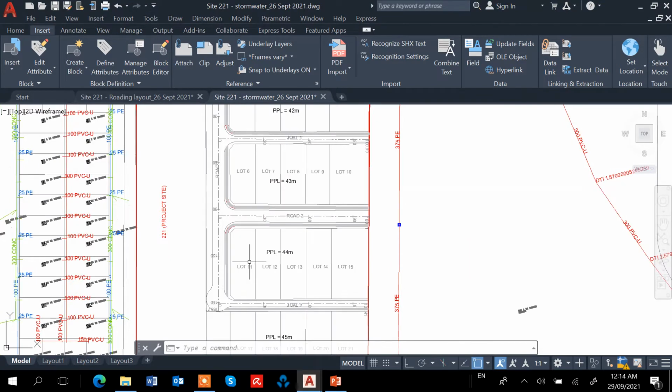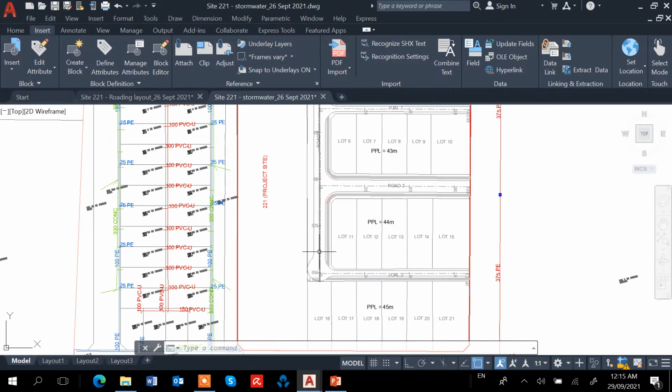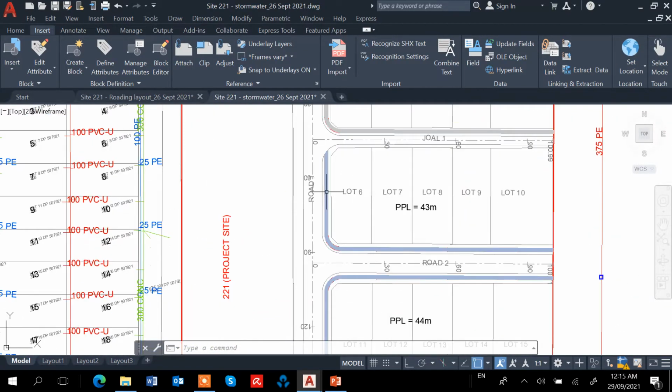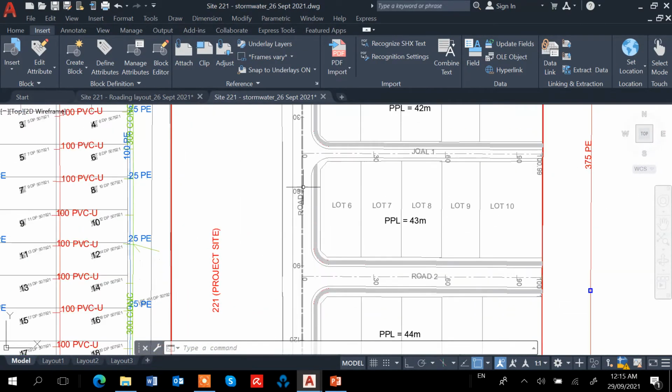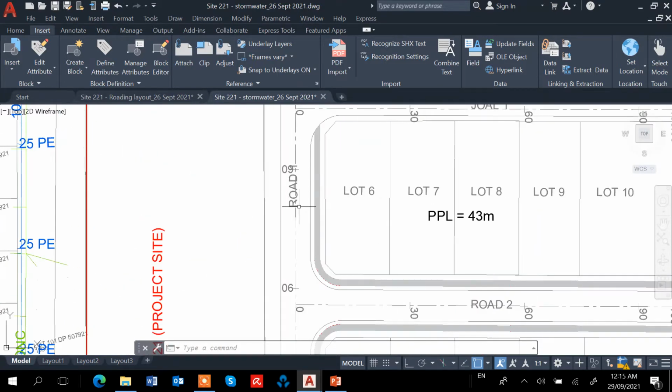For our plan, this one is my alternative scheme plan, and then you have another plan. So probably something quite similar for this road one. This one is at a slope of 1.61%. So the stormwater pipe is going to follow this slope, this gradient.